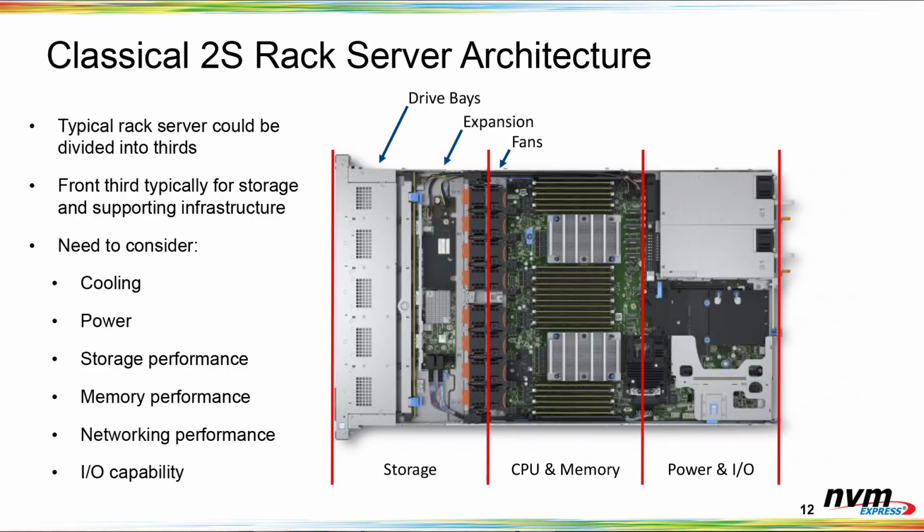So from my point of view, I'm one of the platform architects in the advanced engineering group at Dell. I don't have a whole lot of room to play with. I can't radically change the ratios of these things. Let me tell you, CPUs and memory are not getting smaller. There's no way.